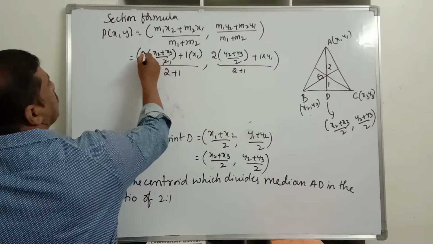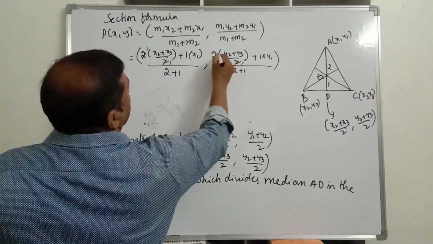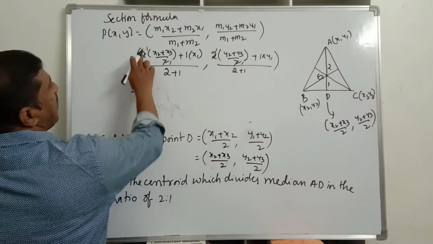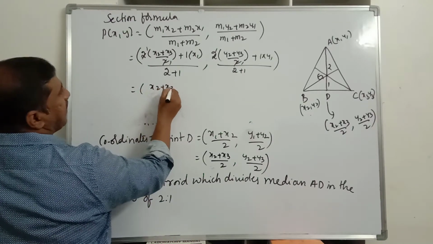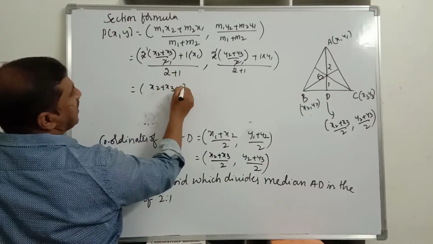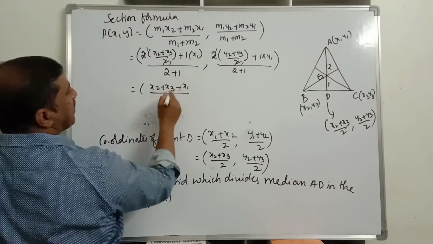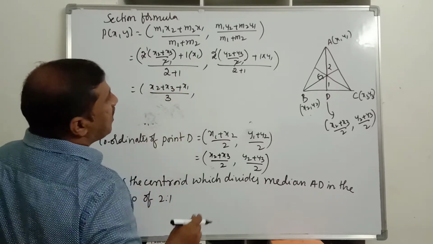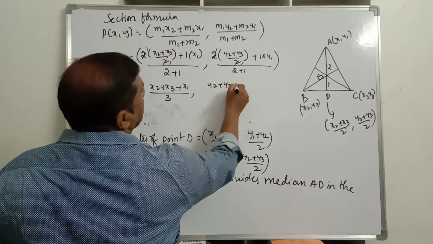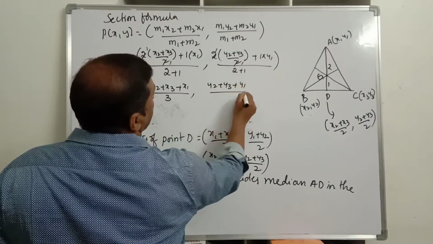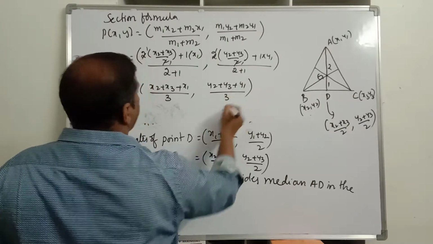So the 2s cancel. Now it is x2 plus x3 plus x1 divided by 3, and similarly y2 plus y3 plus y1 divided by 3.